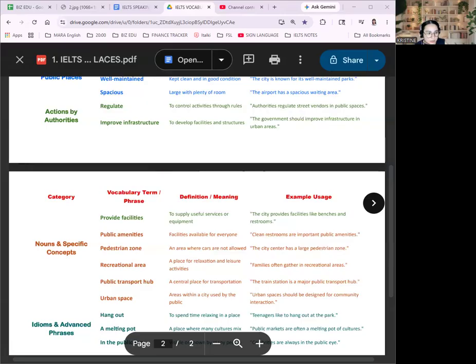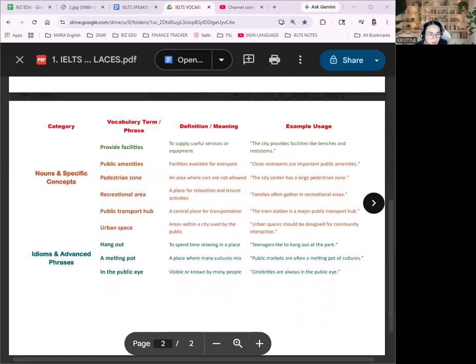Public amenities: facilities available for everyone. Pedestrian zone: an area where cars are not allowed. Recreational area: a place for relaxation and leisure activities. Public transport hub: a central place for transportation.